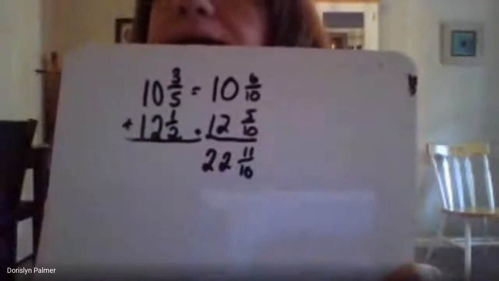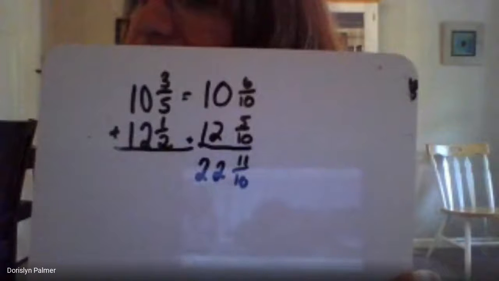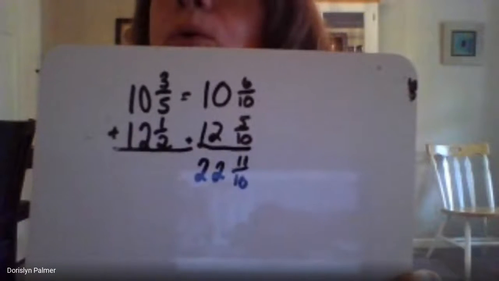So that will be 10 and 6/10 plus 12 and 5/10, which gives me 22 and 11/10. But 11/10 is 1 and 1/10. So I add that on and I really have 23 and 1/10.